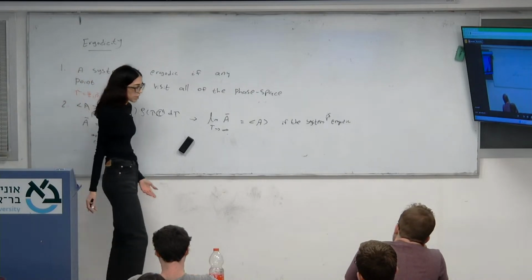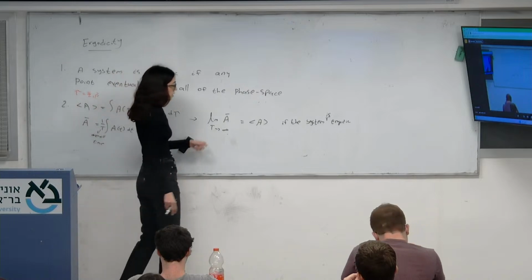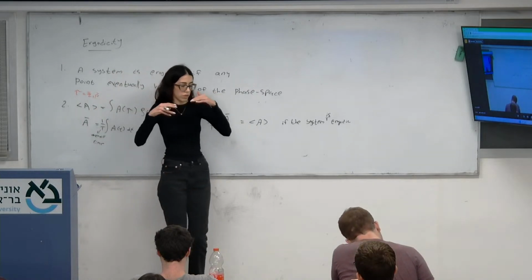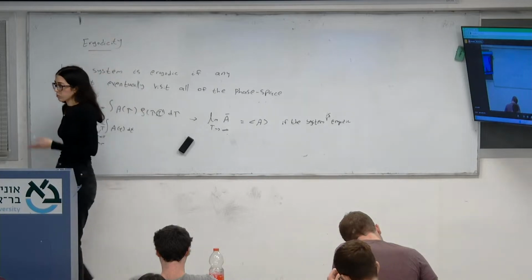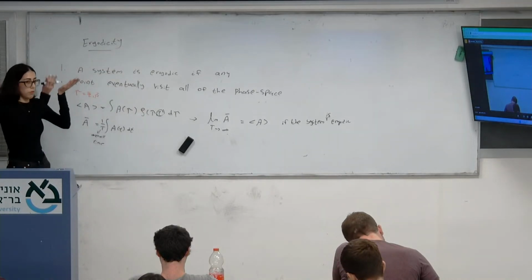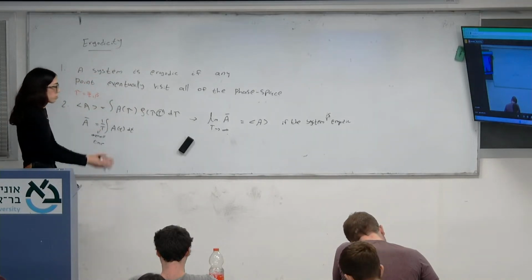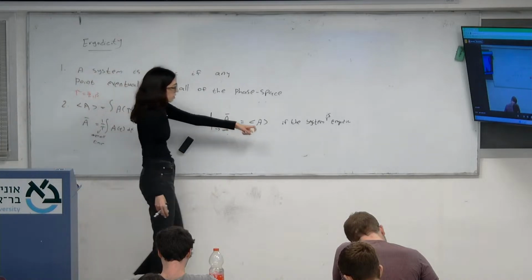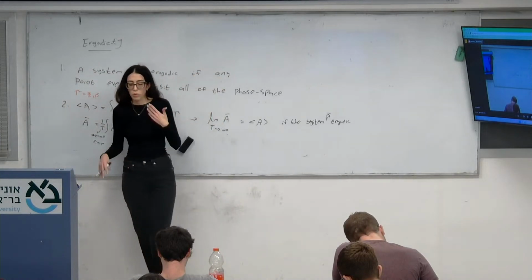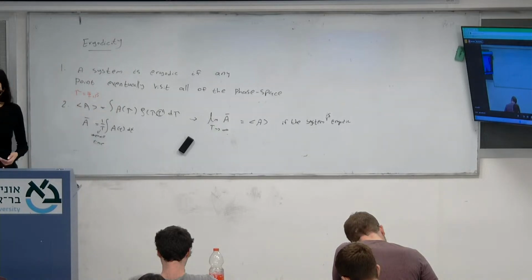And if the system is ergodic, which we know it's supposed to be, those two things are going to converge to each other. We need to take as many particles and as long a time as we can, and eventually they are going to converge to each other. So this is a bit more intuitive definition for ergodicity.